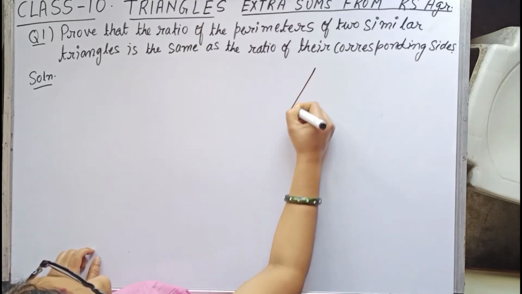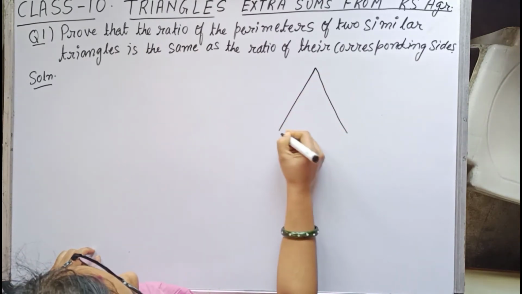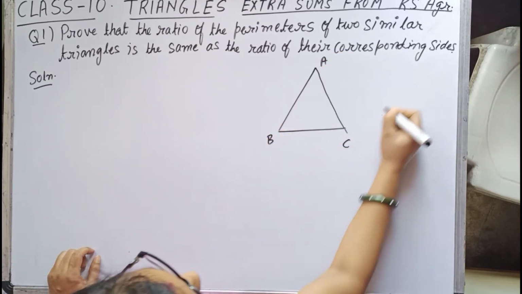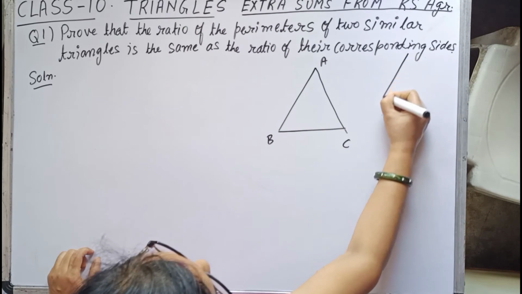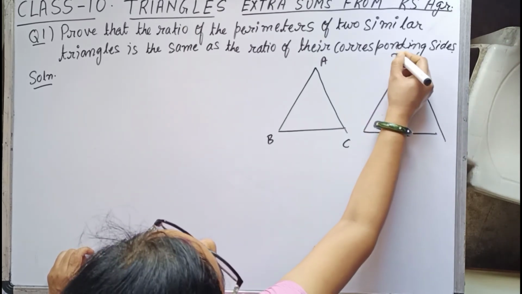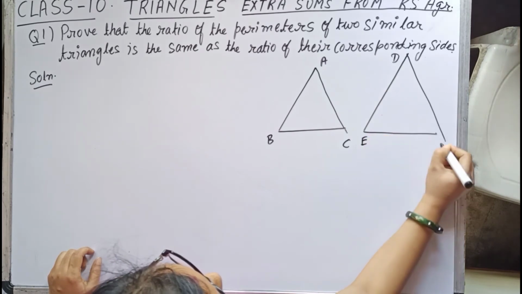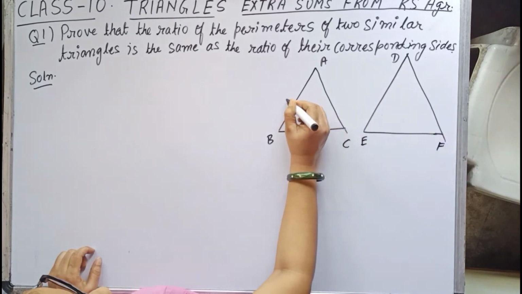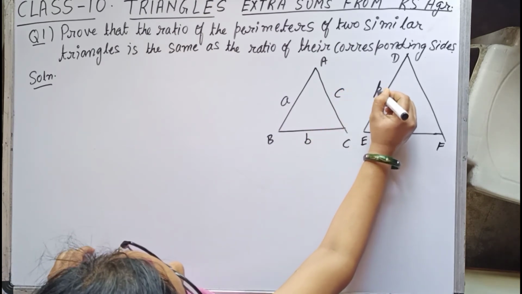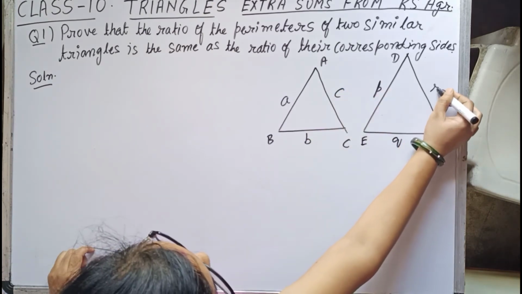So let us suppose two triangles. Suppose triangle ABC, and let us make a triangle DEF. Let its sides be small a, small b, small c, and its sides be p, q and r.